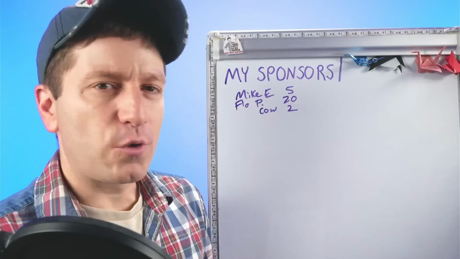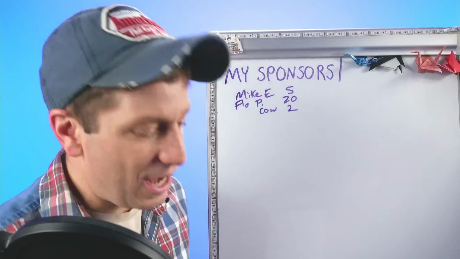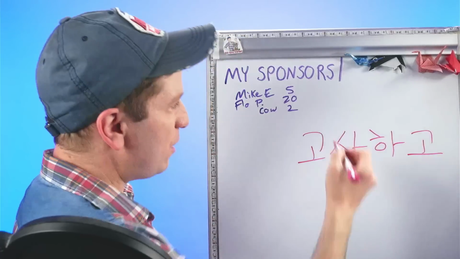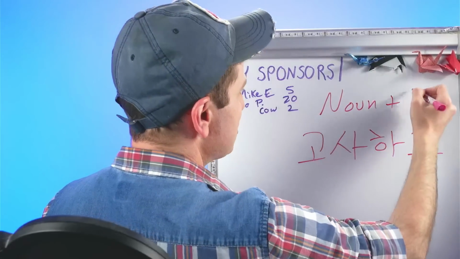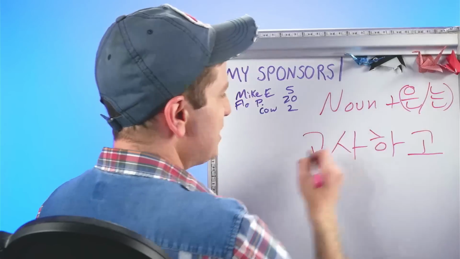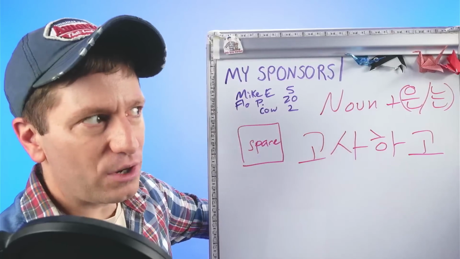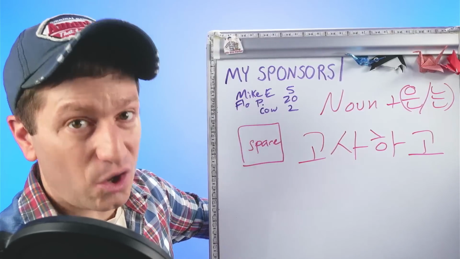But there's one more form that can also be used in the same way, and that is 고사하고. So the way it works is you take a noun and you attach the topic marker again, but then you add a space followed by 고사하고. And it works in the exact same way as 커녕.